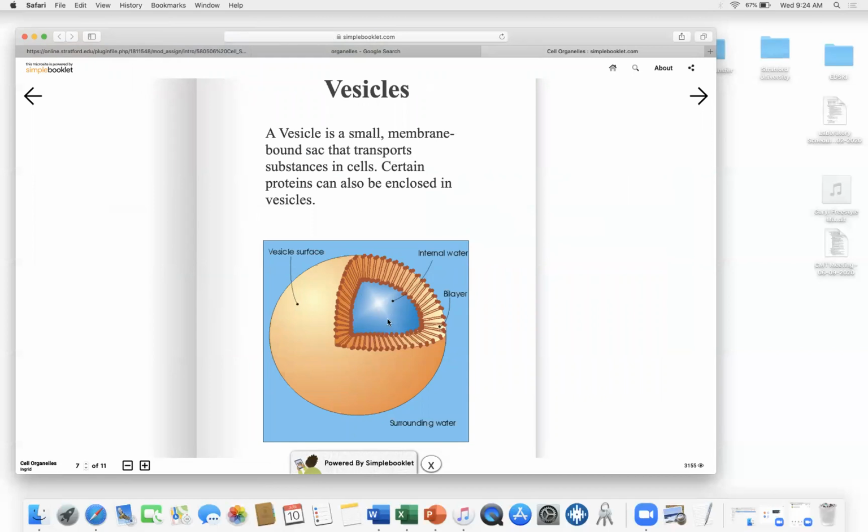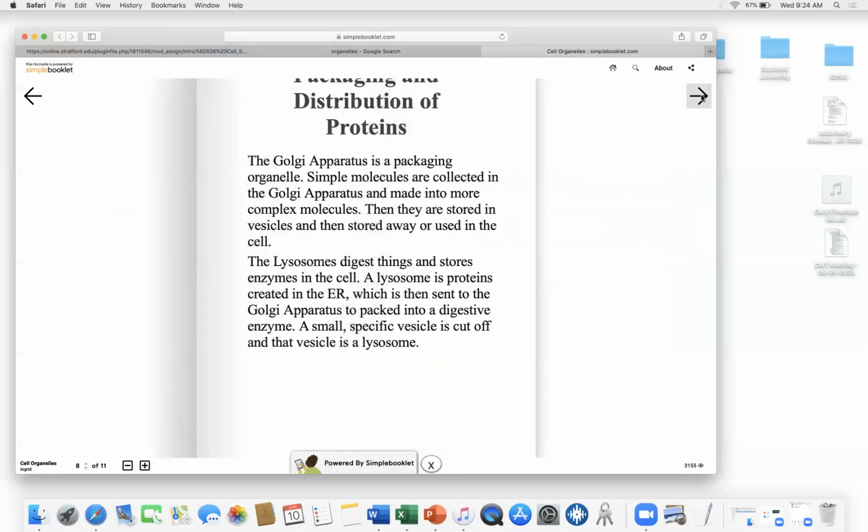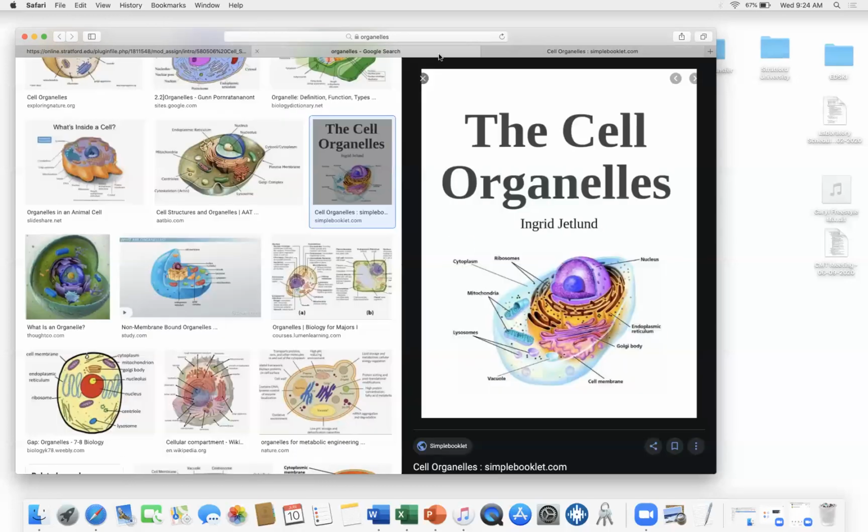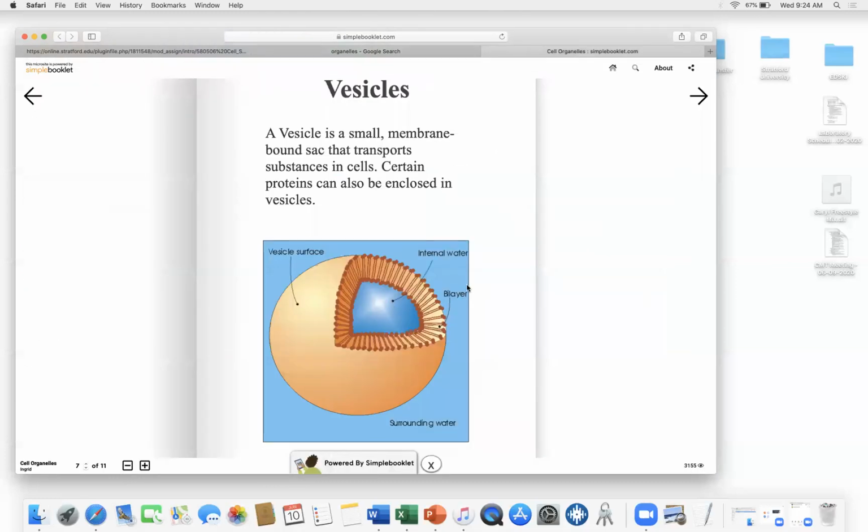Another thing that these vesicles also carry, let's see if they'll talk about it. Well, let's go back. There's this thing called a lysosome. Where is it? Here. Now, a lysosome is just like this. It's a vesicle. But if you look at the word lysosome, lys means to break down, some means body.